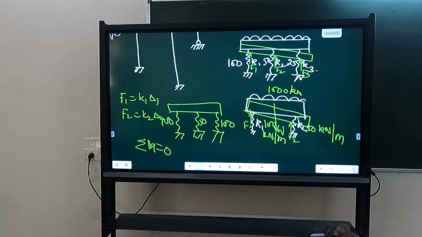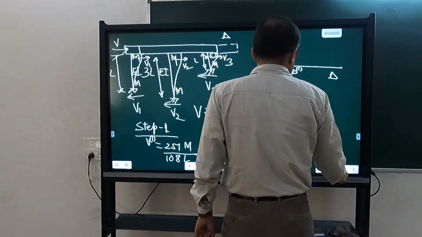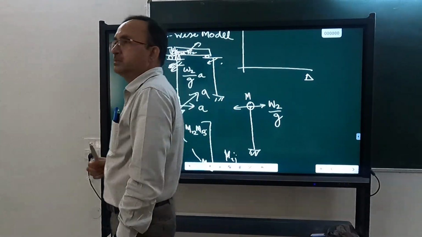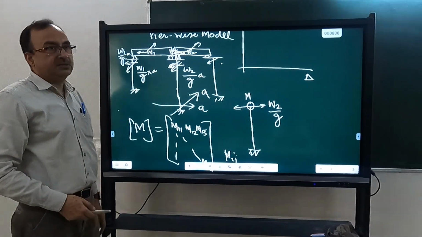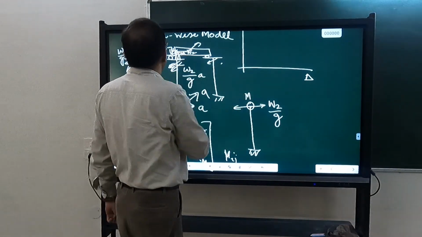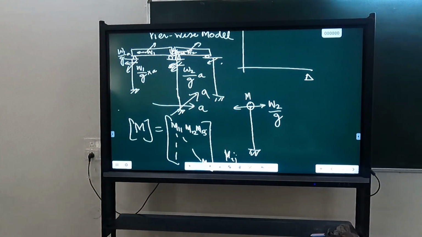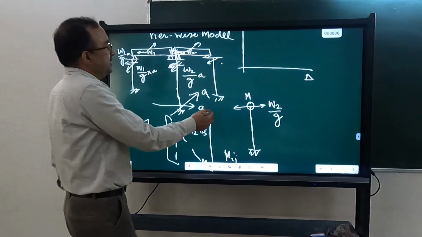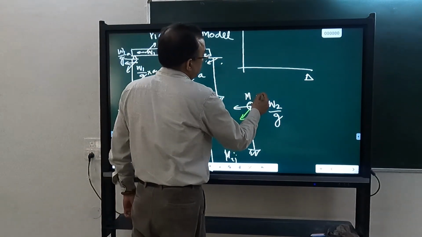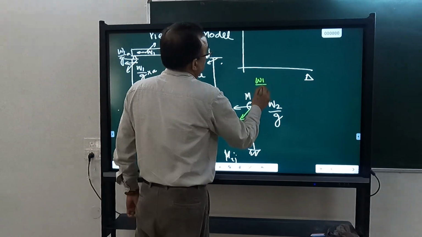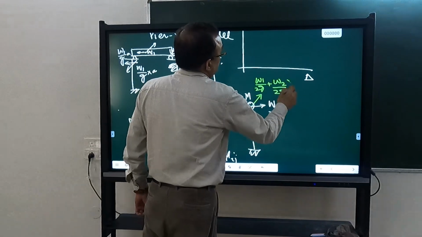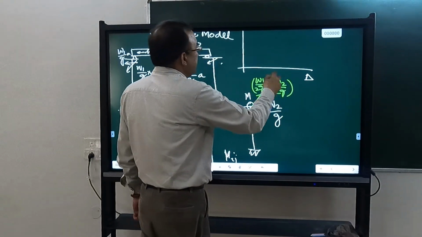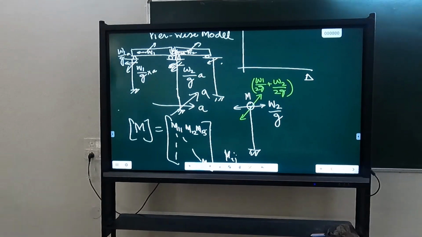So now you can understand what is going to happen here. If I apply inertia force in this direction, how much inertia force will be transferred to the central pier in the transverse direction? It will be W1 by 2g plus W2 by 2g into A. So this is going to be my mass in the transverse direction.